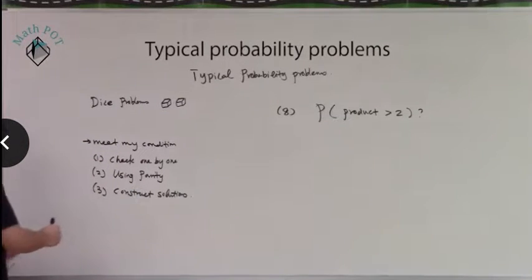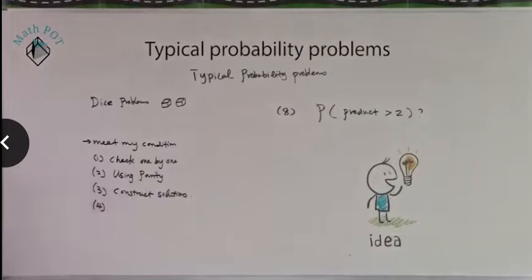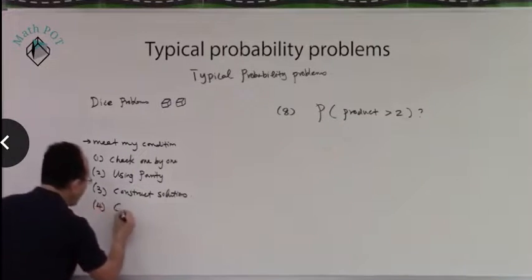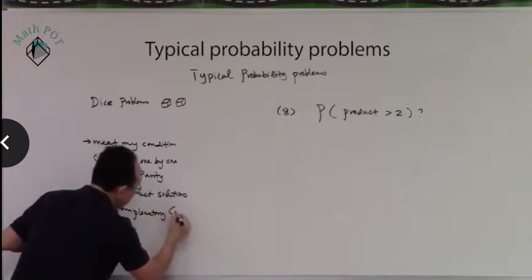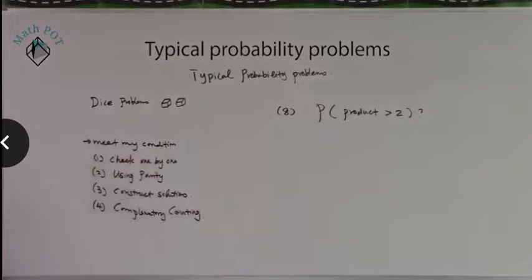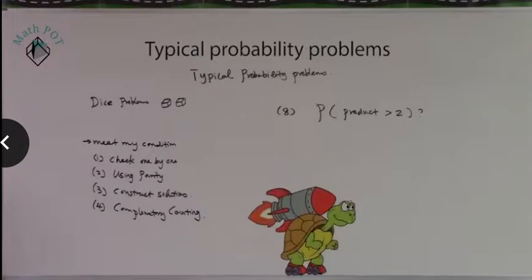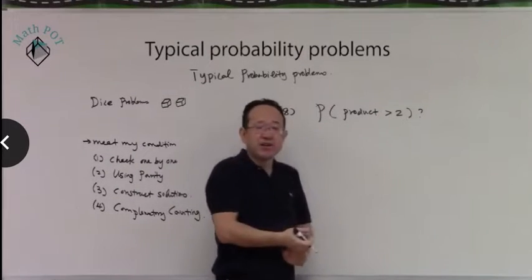Here comes the next one, a super important idea, to help you figure out the outcomes based on complementary counting. This could be a very useful idea to help you speed up. Again, I'm not going to figure out how many outcomes satisfy the condition directly.